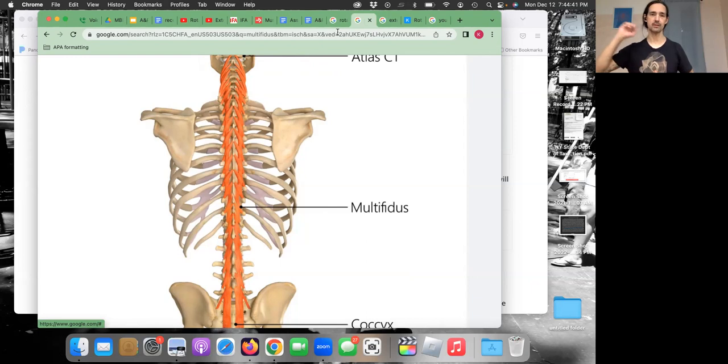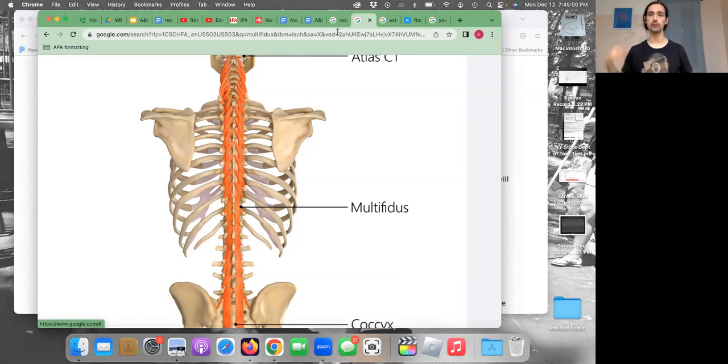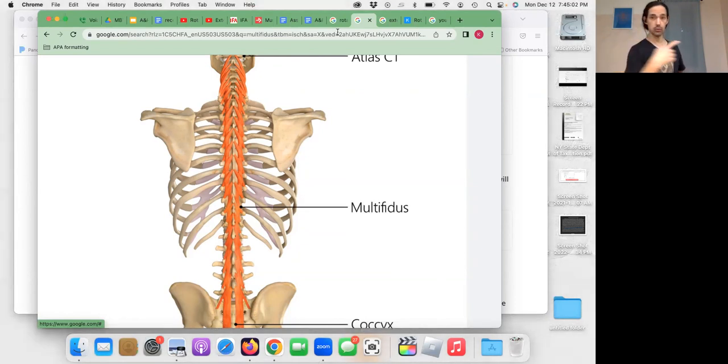So the right rotatores and multifidus in your neck rotate the head, or the face, toward the left side, for example. And it side flexes toward the same side, right? Same in the thoracic spine. If you were to turn your right shoulder toward the left, that would be the right multifidus and right rotatores. Likewise, if you were to extend, that would be the rotatores and the multifidus muscles.